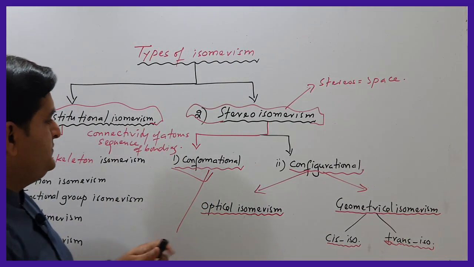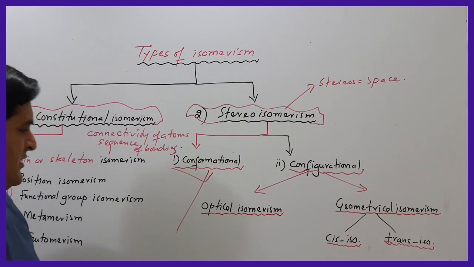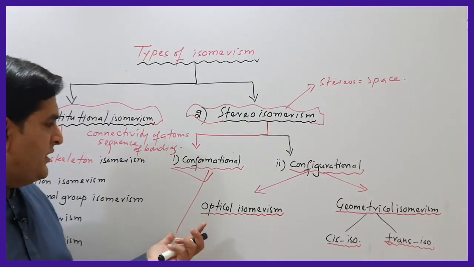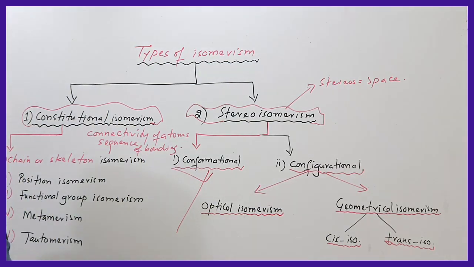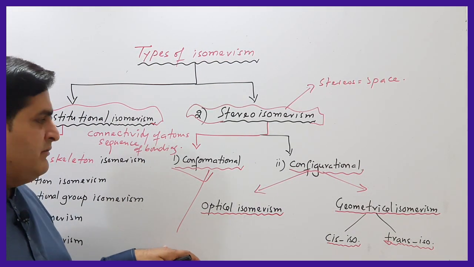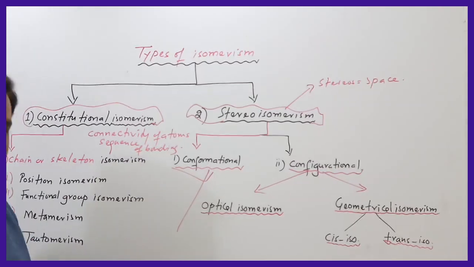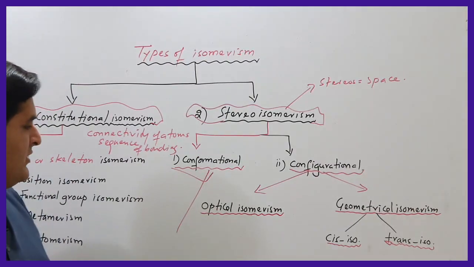Conformational isomers are not in our syllabus. Ethane has 3 conformational isomers: skew, eclipsed, and staggered. Staggered is the most stable and eclipsed is the least stable form. We don't discuss why here.